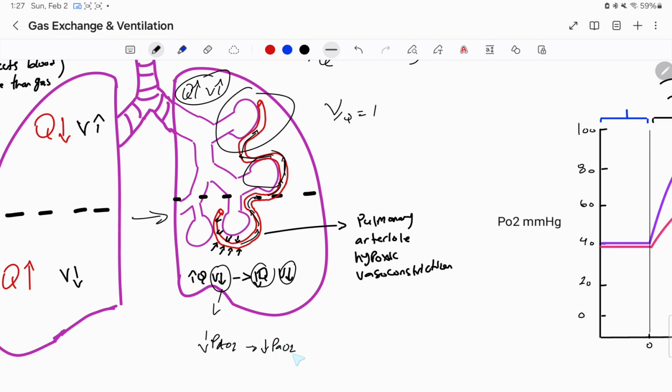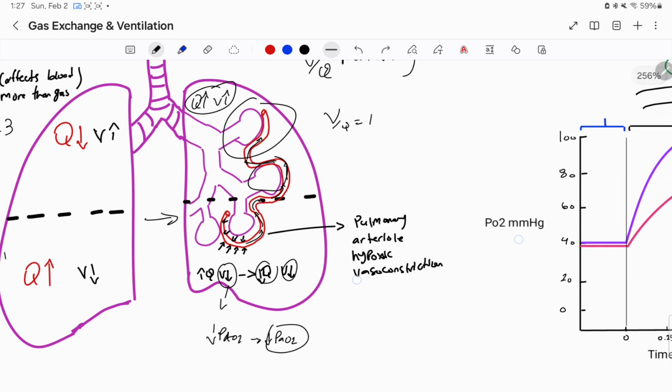So low PaO2 and low PAO2. Both of these, specifically this one, is going to cause a constriction of that arteriole to redirect the blood flow elsewhere. That's going to allow for ventilation and perfusion matching here and here. Awesome.